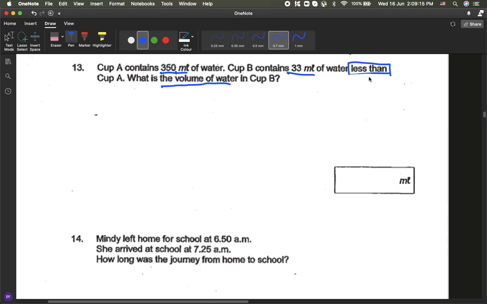Now, less than means you need to subtract the numbers. So since cup B contains 33 ml of water less than cup A, we can get the volume of cup B by subtracting 350 ml with 33 ml.